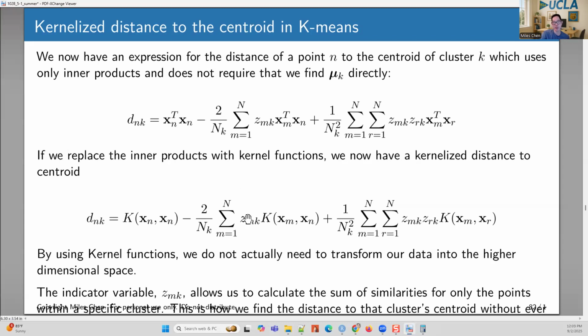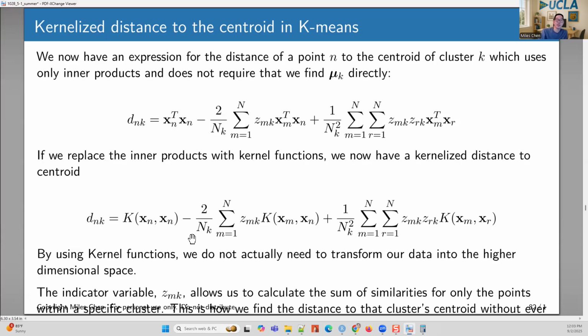And it depends on point M's membership to cluster K, and then the membership of all of these other points: do they belong to K or not? So we're looking at all of the other points in our data set, and we're asking, what is the kernel distance between n and the centroid of K, okay?